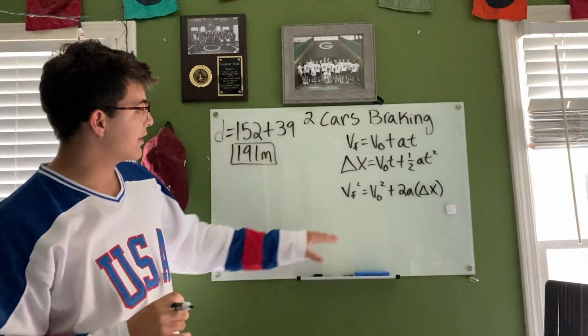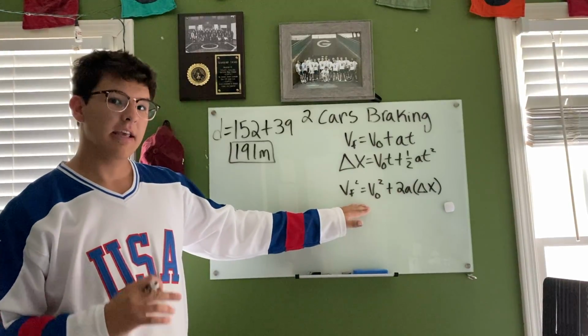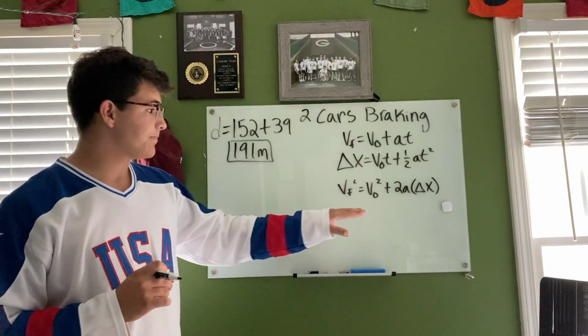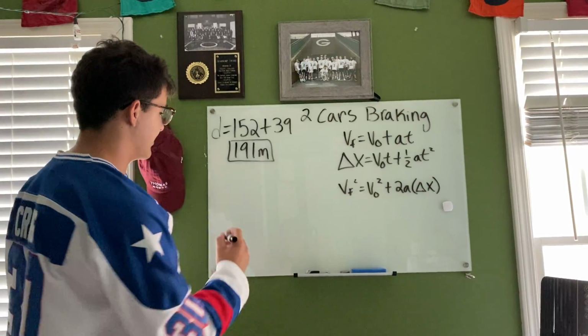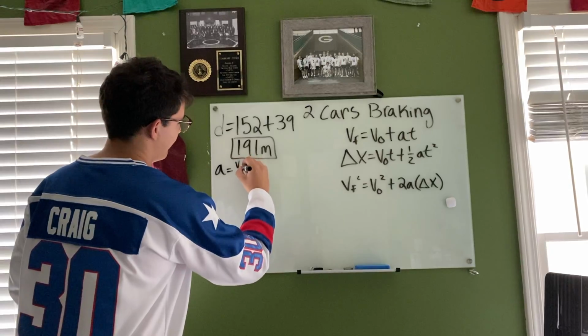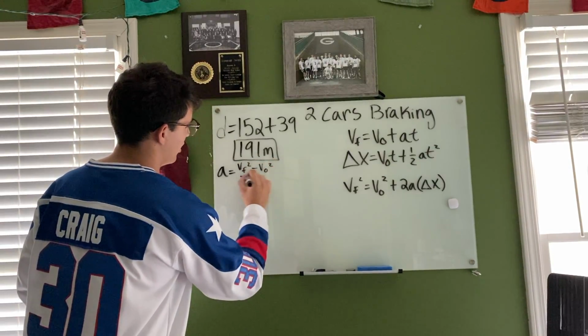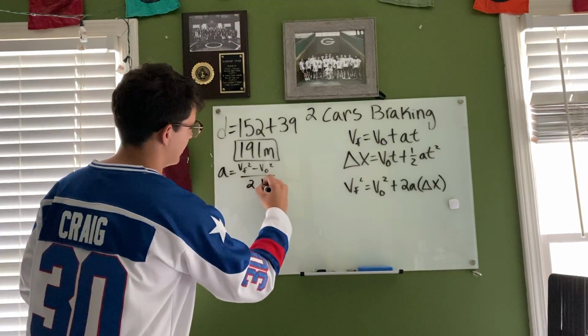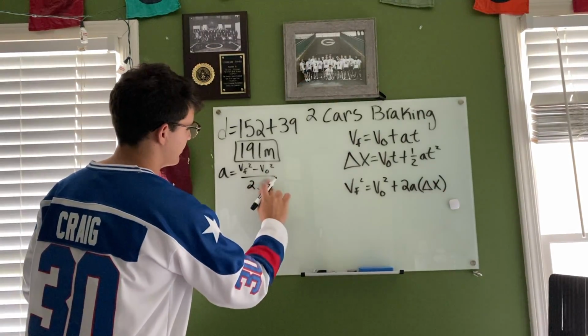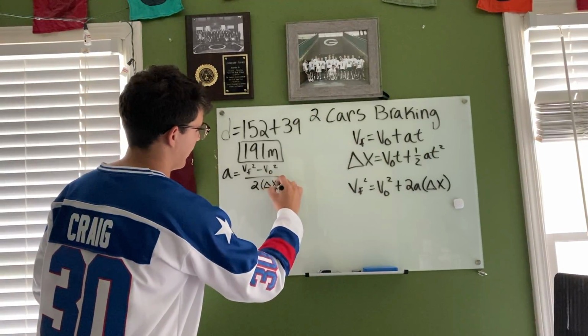Now, we're trying to solve for acceleration, right? Well, let's rewrite this equation algebraically in order to find out what the acceleration is. So I can see that A is going to be equal to Vf squared minus V naught squared all over 2d, or 2 times the change in x, okay?